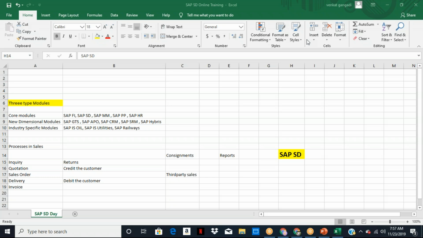SAP SD is one of SAP ERP's core modules, designed to support the business processes of selling, shipping and billing. When you say selling, it includes inquiry, quotation, and sales order. So to support all the sales activities, SAP SD was developed, and also to support the shipping process.